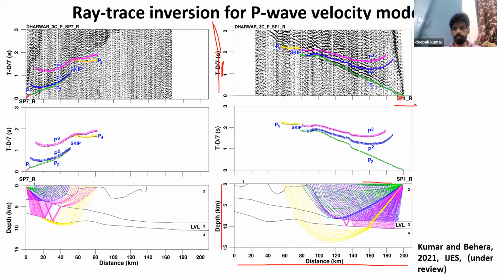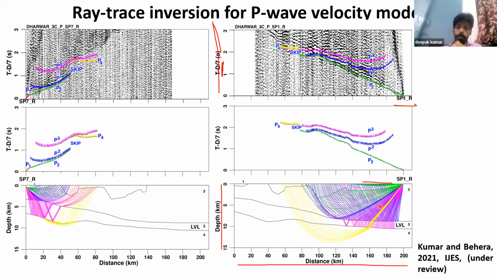So we see here this is the first arrival, and then there is a skip in the data. Skip means that there are no data generated through that layer. The green line is generated in this particular layer, but there are no rays generating in this particular layer.